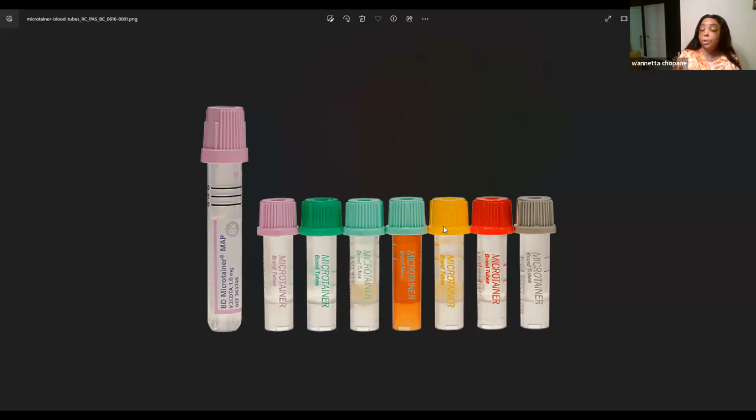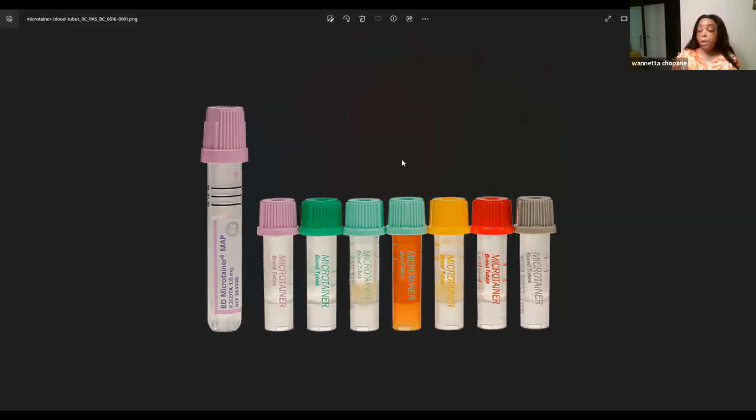So the nurses and the doctors would get blood from the IV line. But for the most part, their heels are stuck with the capillary puncture, and you'll take the top off of these microtainers and let the blood drop into the microtainers.